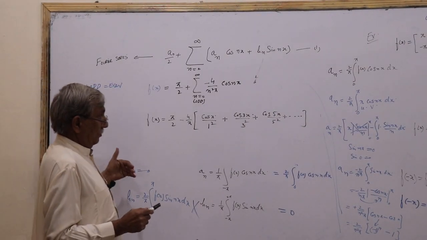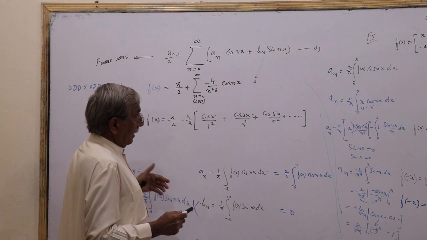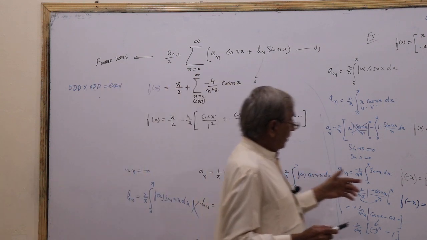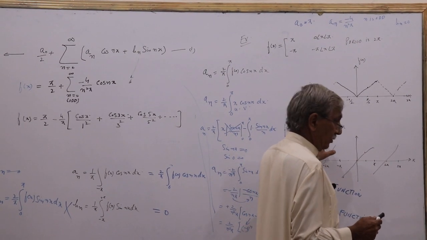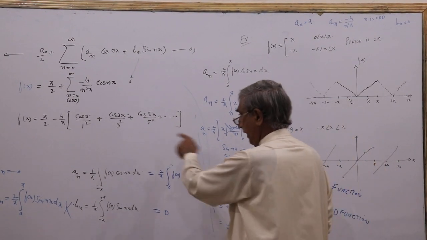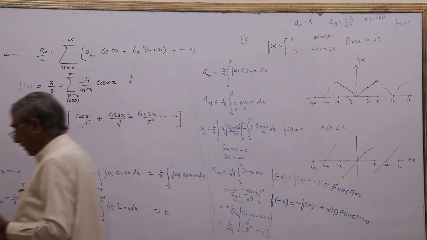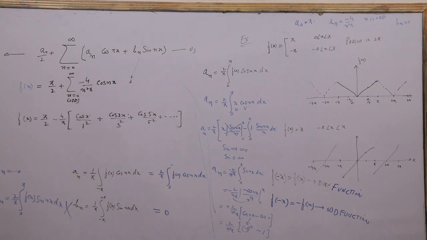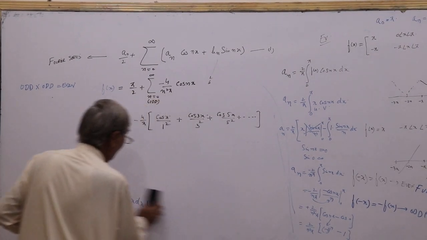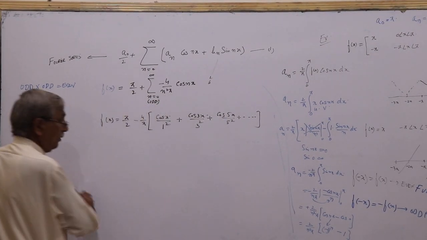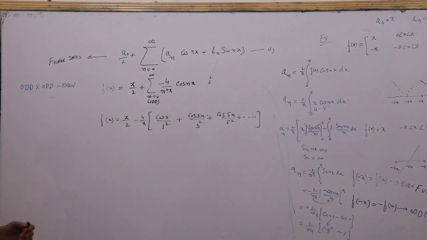Now if it is said to find the Fourier series for this other function, you have seen that the Fourier series is computed by calculating the 3 coefficients, but now it is easy for us because the function is odd and 2 coefficients are 0.